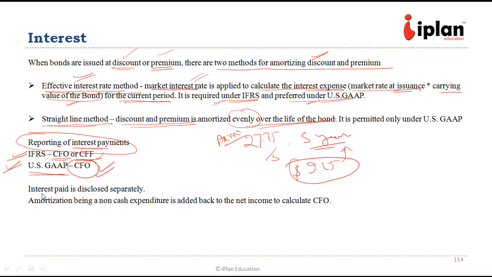The interest paid has to be disclosed separately since that will be different, and the amortization, which is a non-cash expenditure, has to be added back when we are calculating CFO. So from net income, when we are calculating CFO, the amortization expense has to be added back since it is a non-cash transaction.